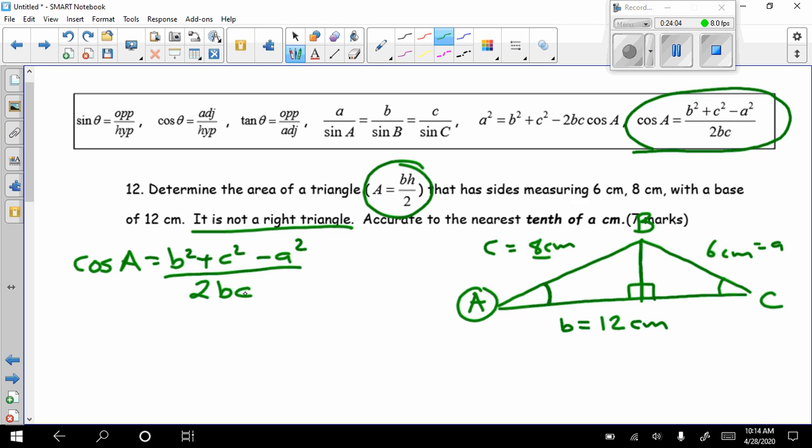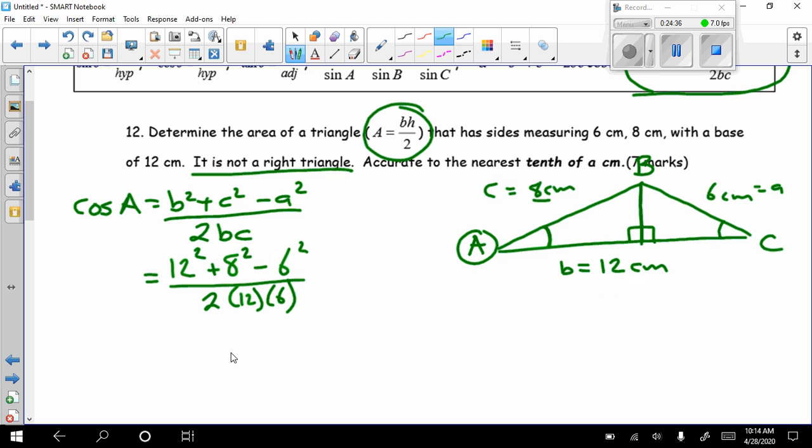Let's plug our numbers in. So here we go. I am going to write 12 squared plus 8 squared minus 6 squared all over 2 times 12 times 6.